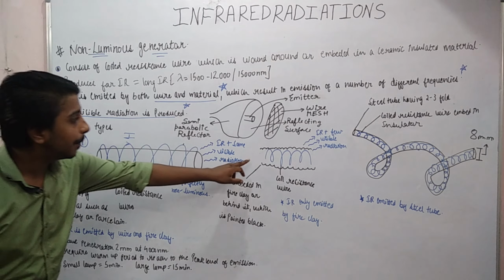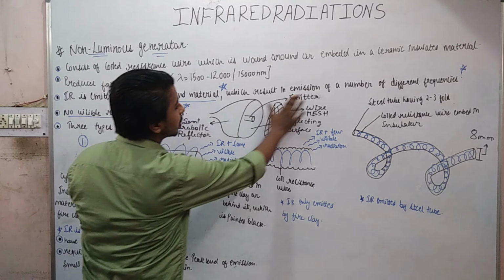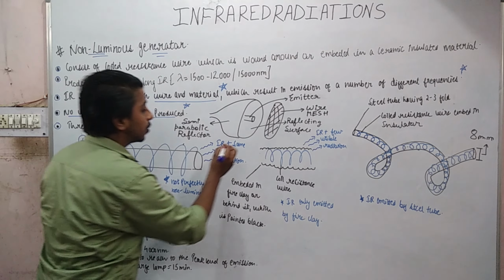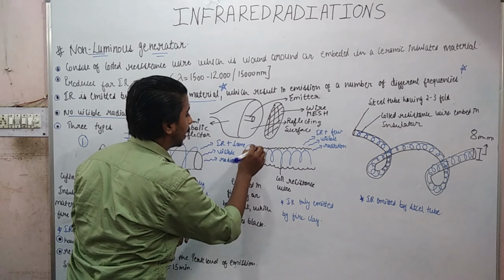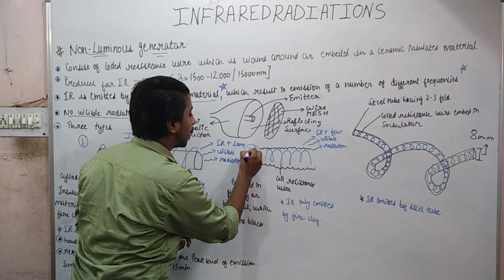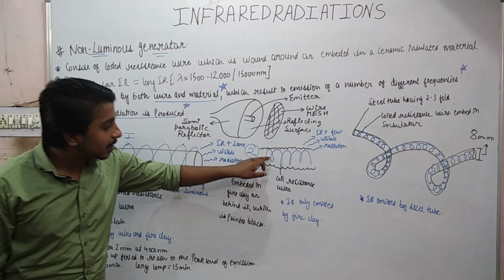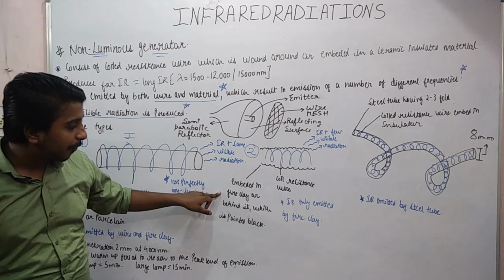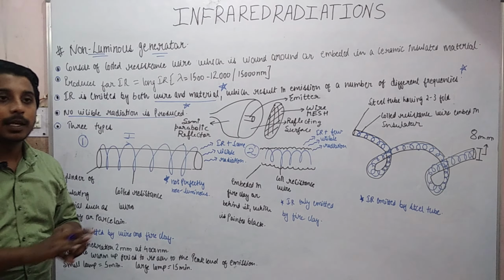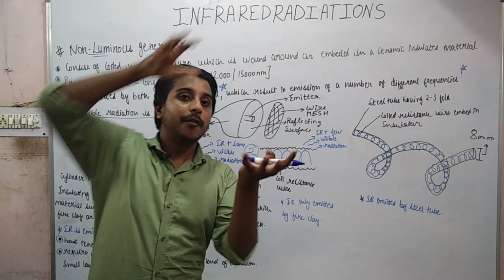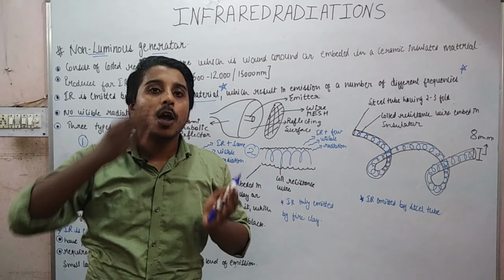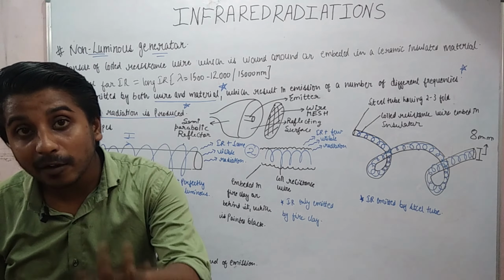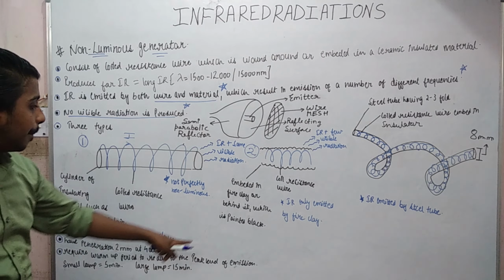Now this is our second part. You just don't watch this diagram. This is the second diagram, second type. In the second type there is the same coil resistance wire which is embedded in fire clay or placed behind it. This is a coiled wire which is embedded in a fire clay, or there is a coiled wire which is placed behind the fire clay, and that fire clay is painted black.